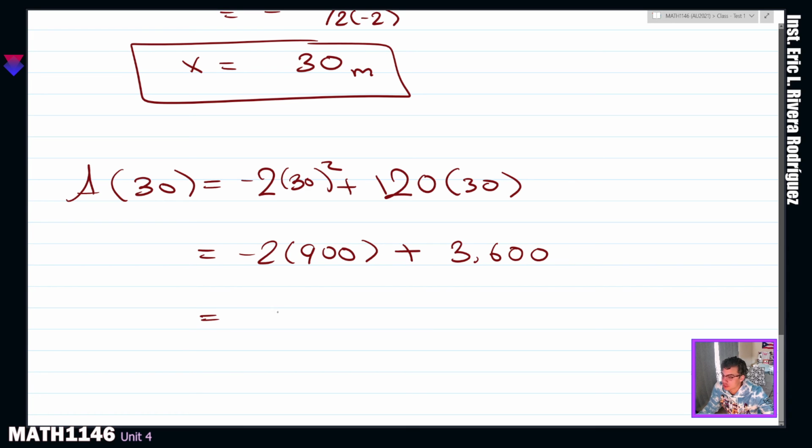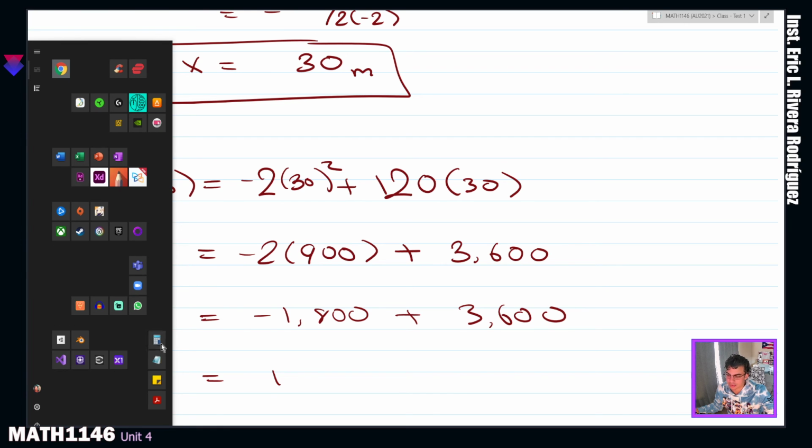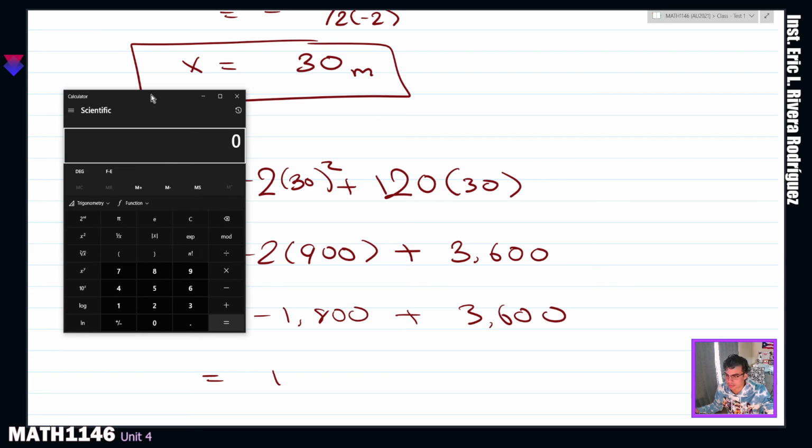Okay, we can check that just in a moment. I think I'm doing something wrong here. Well, let's use the calculator just to make sure that all my numbers are correct.